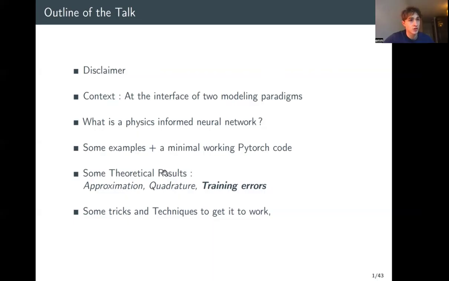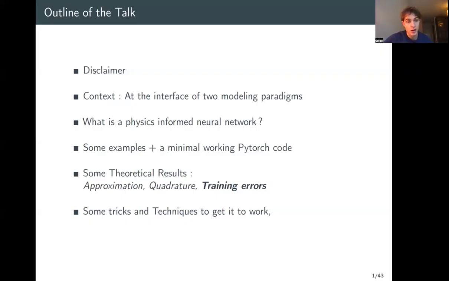These results are not from me. There's been work on approximation errors and quadrature errors, and as we'll see in the following part of the talk, these theoretical results are quite nice, but in practice it turns out that the training error dominates the total error.